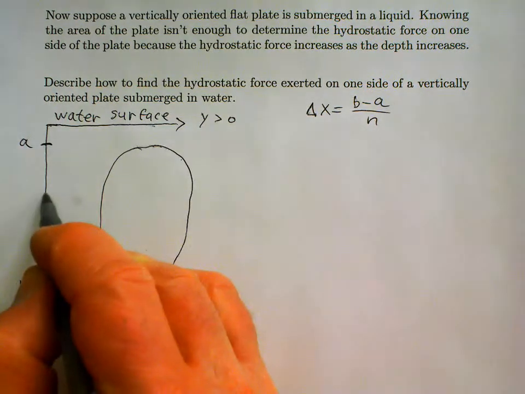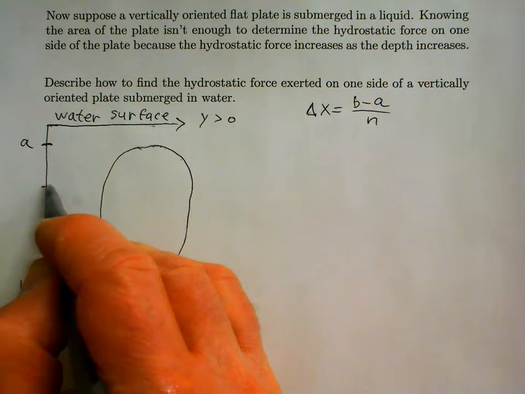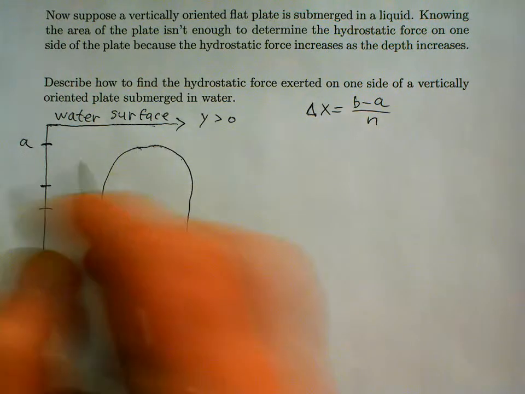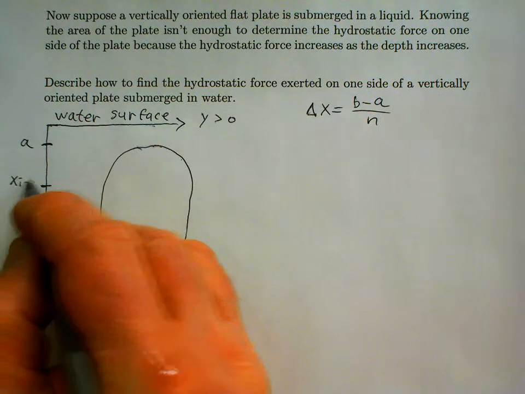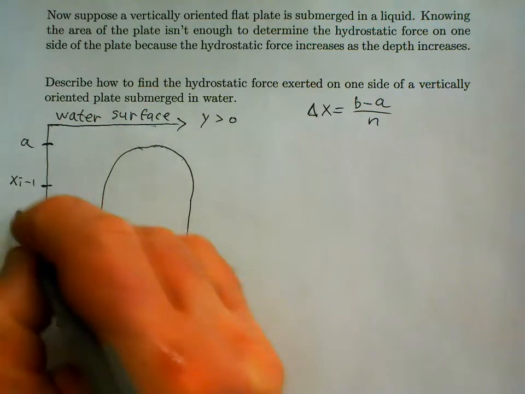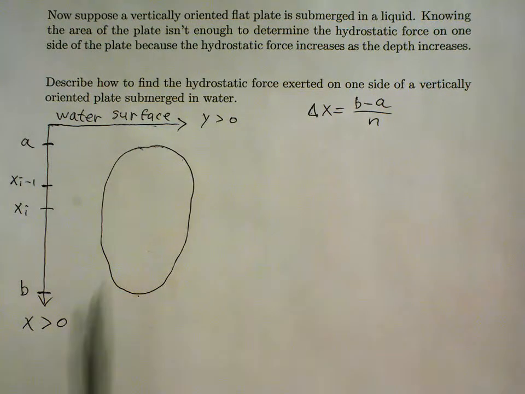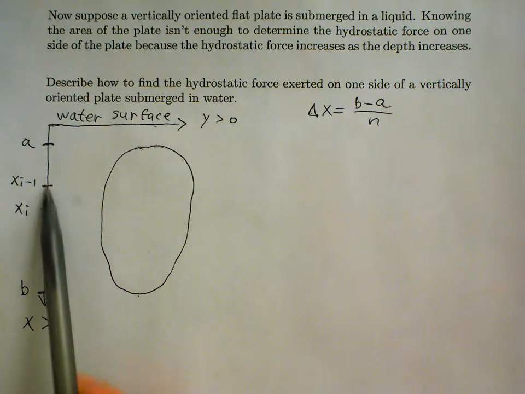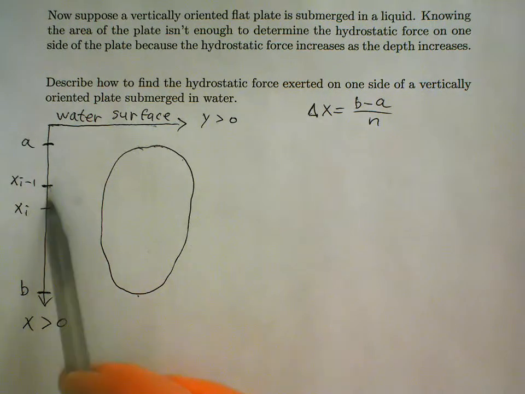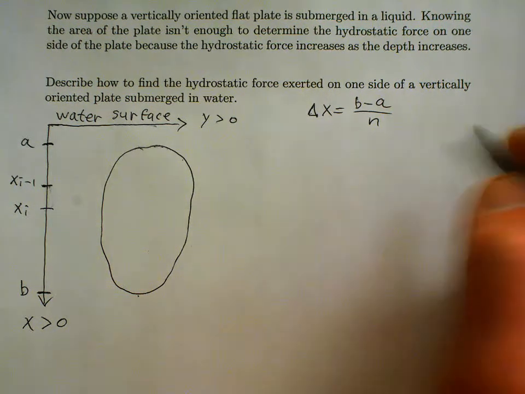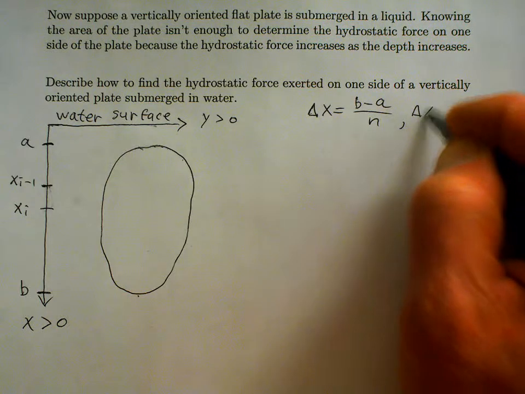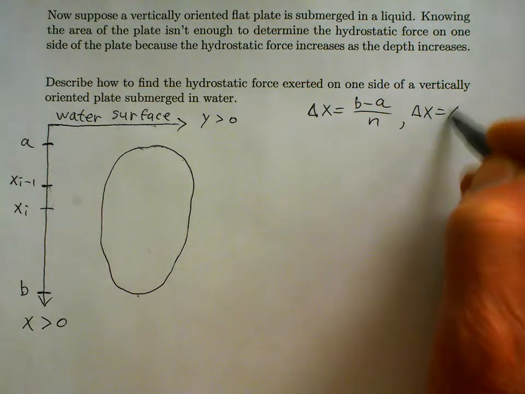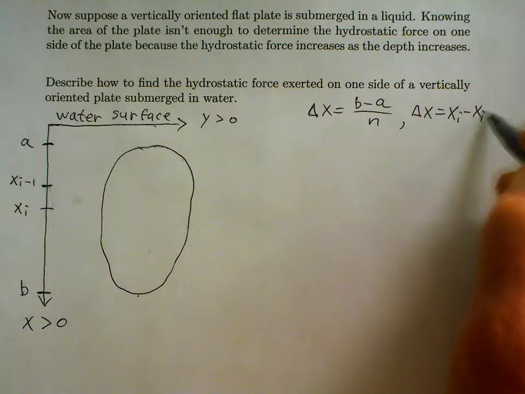And we'll single out one of those subintervals from x sub I minus 1 to x sub I. And so delta x is equal to the length of that subinterval. So in particular, delta x is x sub I minus x sub I minus 1.